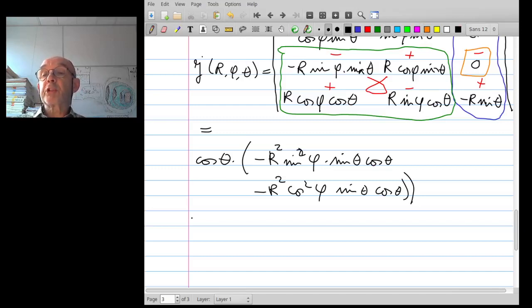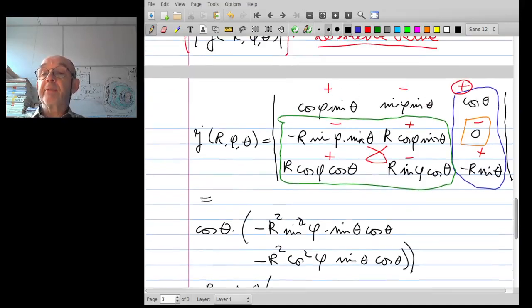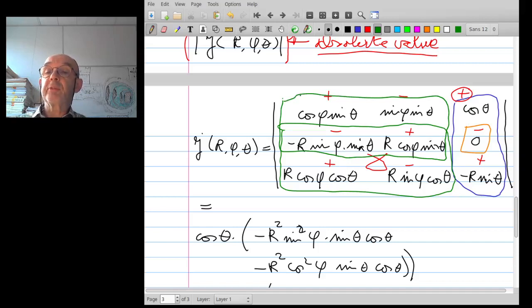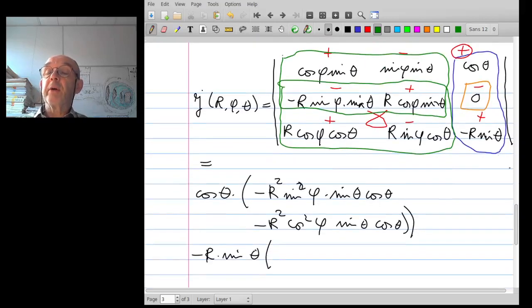What do I get? I see a red plus, so I do not have to change anything, so I get minus r times the sine of theta, and then I have some other 2 by 2 matrix, the one staying there above, and there I have to take the determinant of it. And so what do I get?